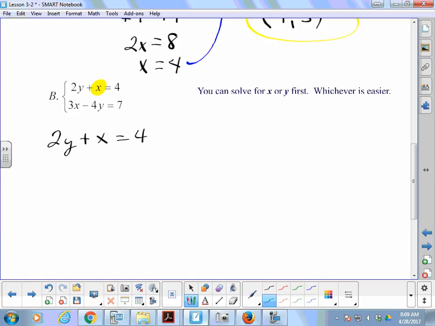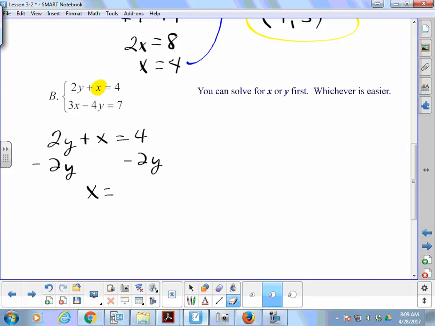All right, so I'm going to get x by itself, so I'll subtract 2y to start with. And you can write it either way you want. So 4 minus 2y or negative 2y plus 4. Right? So my first step here was to get x by itself.